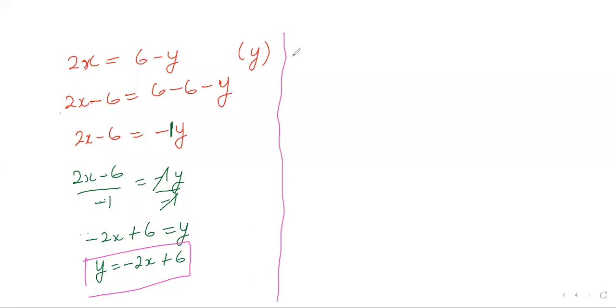When I reach here, the same place, 2x minus 6 is equal to negative y. When you reach here, you could have multiplied everything by -1 if you wish. That's why I asked the question.